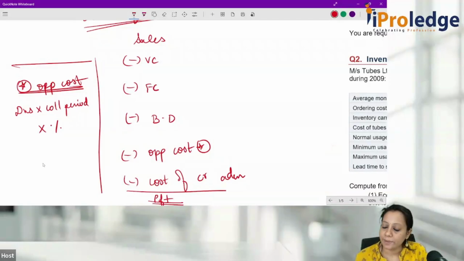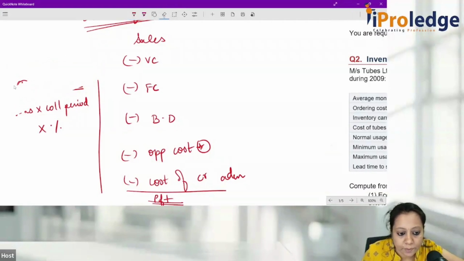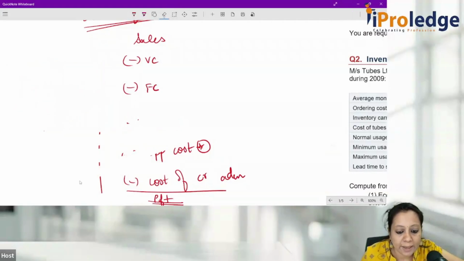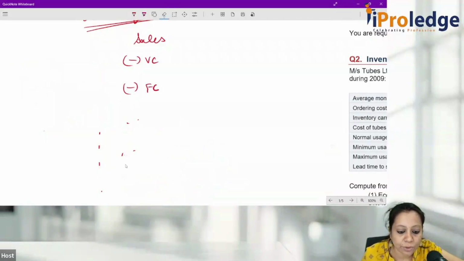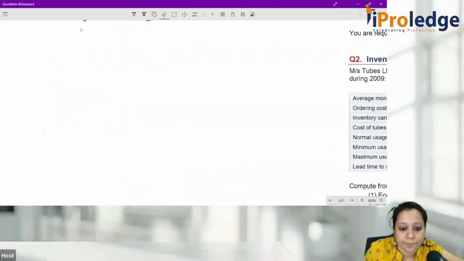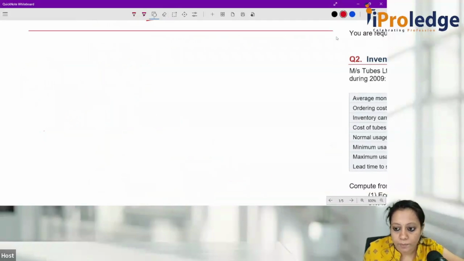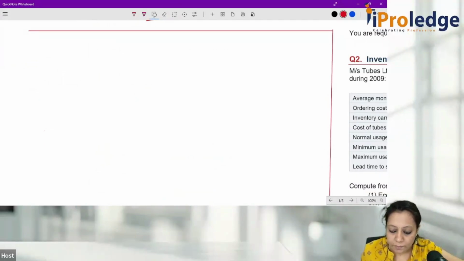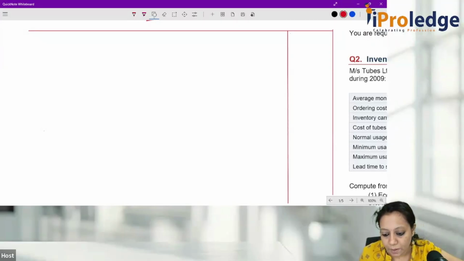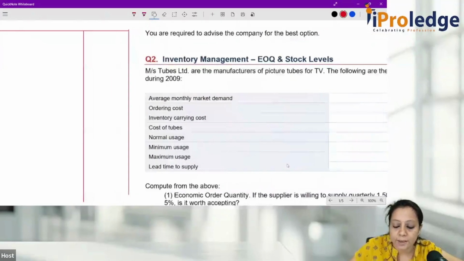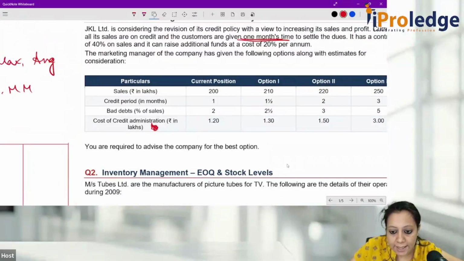So we will now go ahead in the same format. If you note down this format and keep it for the day before the exam, you can go through this and get away with the revision very quickly. We had three options and also we had the current period. Am I correct? Yes.